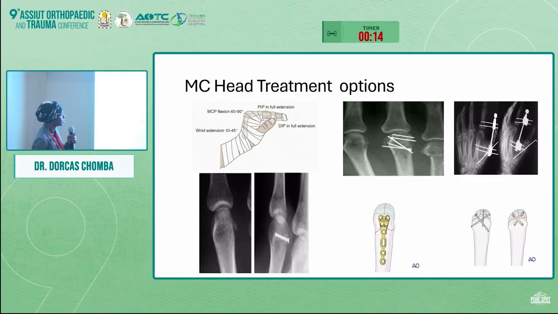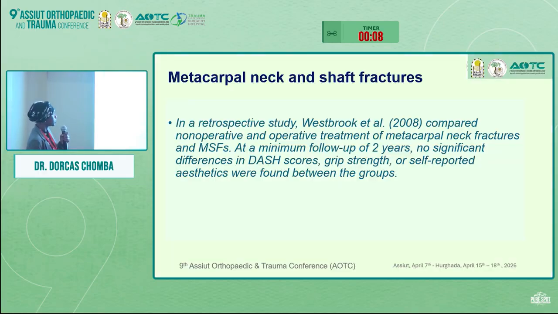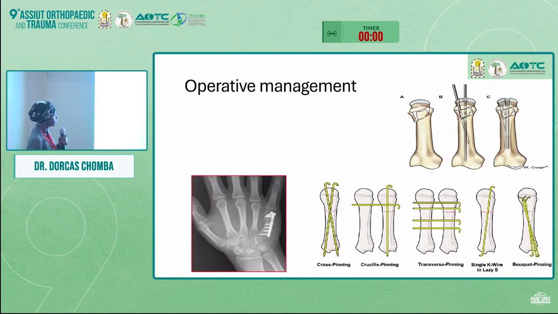These are just some of the options we'll look at for the metacarpal head. Very many options. When you look at the studies again, for the metacarpal neck and shaft fractures, which is what has been looked at a lot, most of the outcomes are the same for both non-operative and operative management.